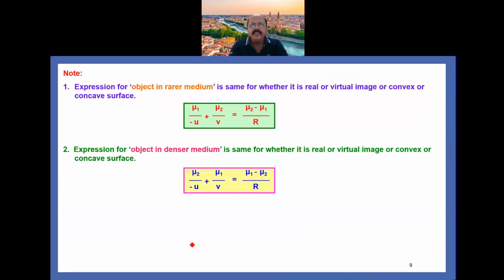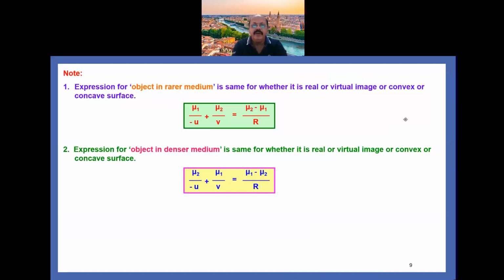Second point, expression for object in denser medium is the same whether it is a real image or virtual, or convex or concave. That is mu2 upon minus u plus mu1 upon v equal to mu1 minus mu2 upon r.